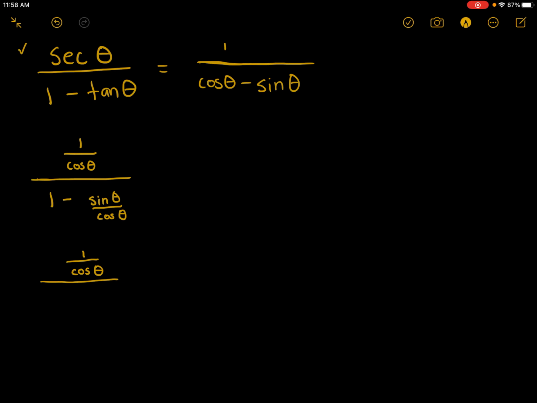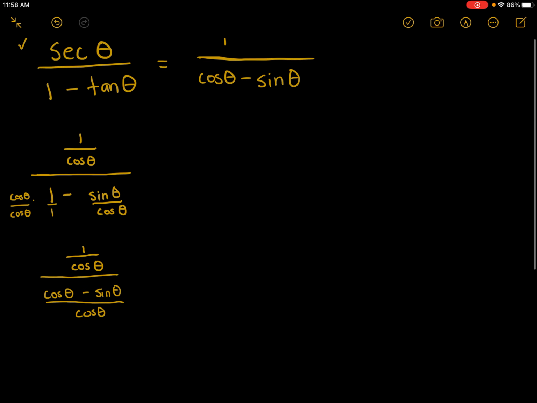And then we're going to divide by, so if this is just 1 over 1, we're going to multiply by cosine theta in the numerator and multiply by cosine theta in the denominator. So what we get is cosine theta minus sine theta all divided by cosine theta.